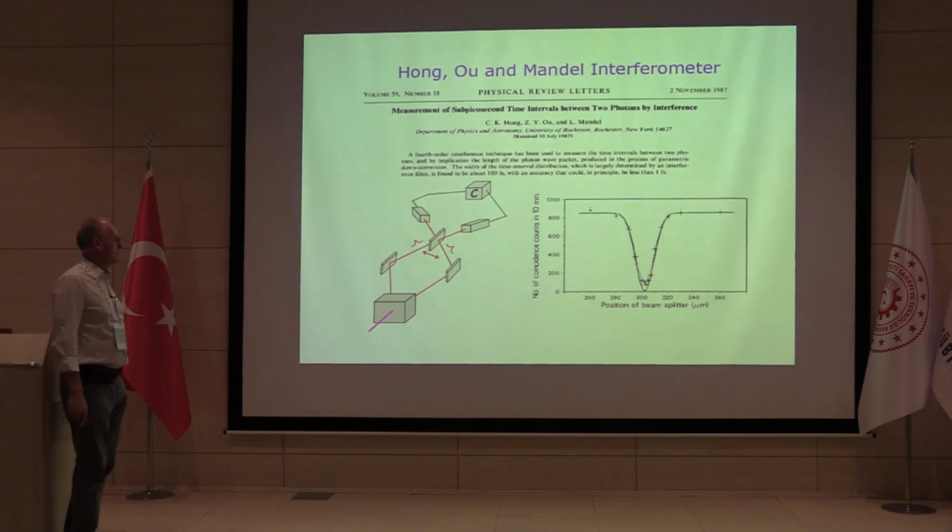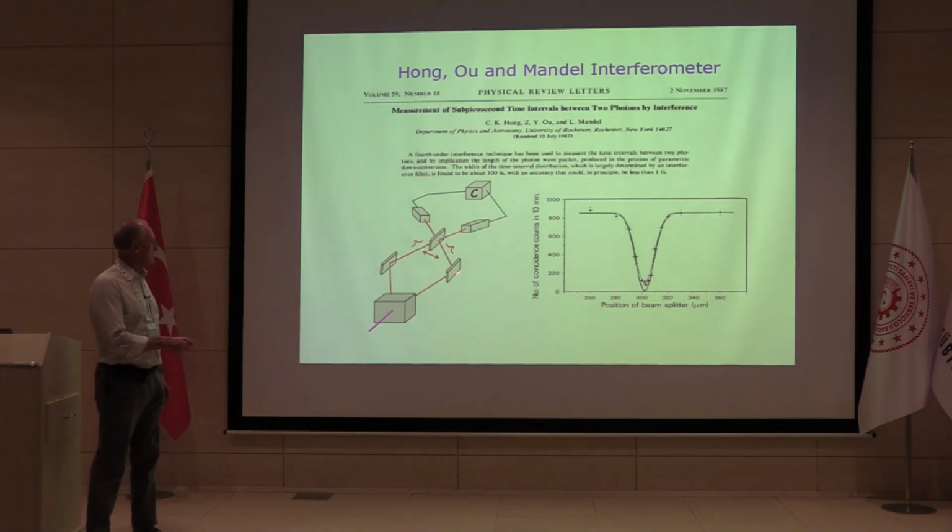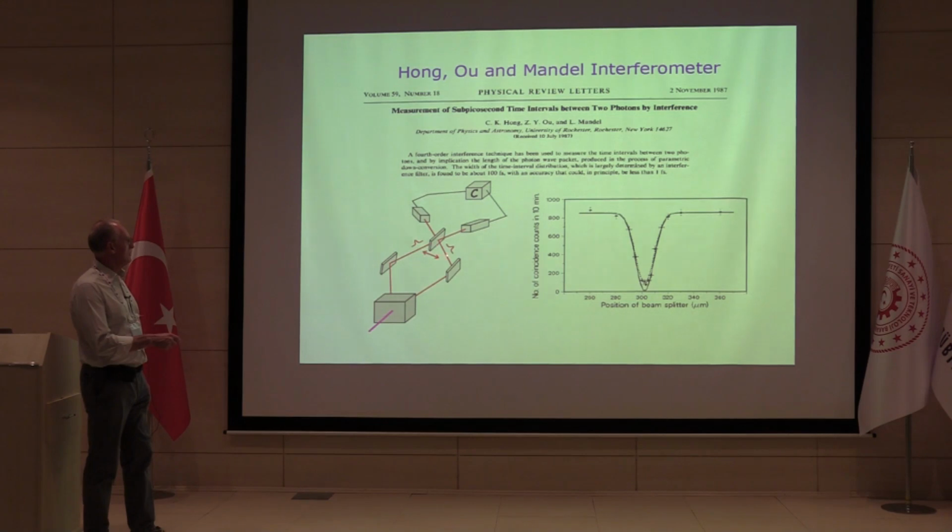So the idea was that you have a source of single photons, and we'll talk more about this. They come to the beam splitter when these distances are absolutely the same and these photons are indistinguishable. You're not going to have any coincidences between these two detectors.